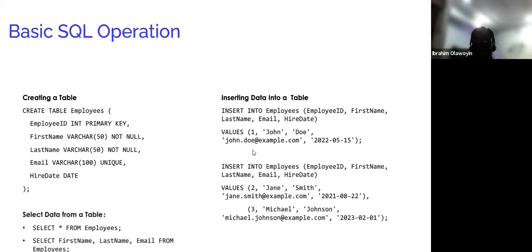It also accepts multiple entries, so you don't have to be doing this one after the other. When you say values, you have your entries, then you go to the next line, open another parenthesis, and fill in the information for the values. So that is how we can query the insert option.